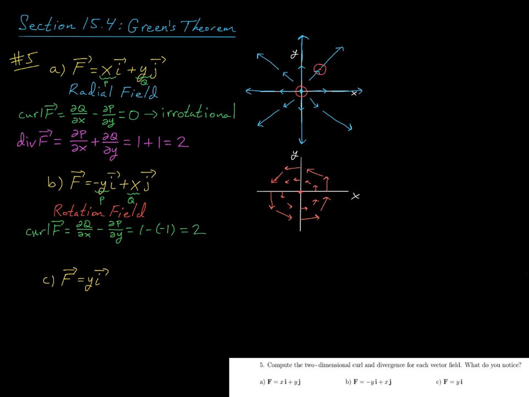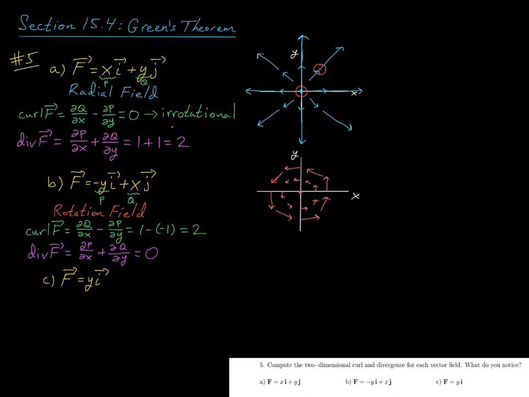All right, now the divergence, which is partial P partial x plus partial Q partial y. Well, here the x derivative of P is 0, and the y derivative of Q is also 0. So now we have a 0 divergence.